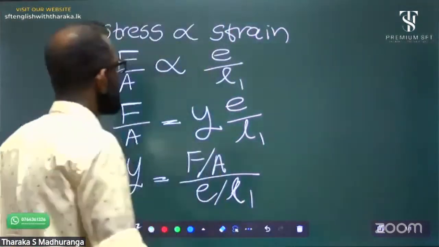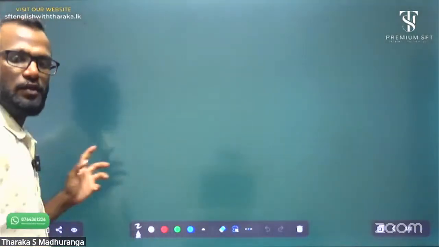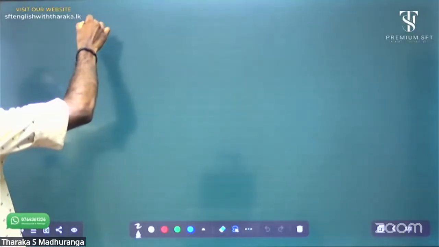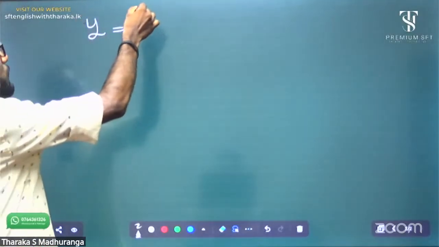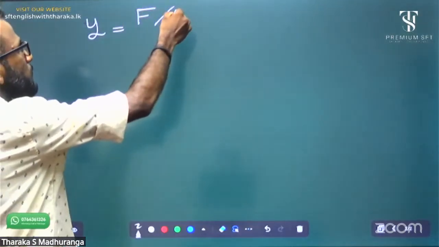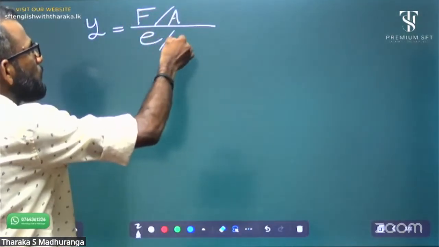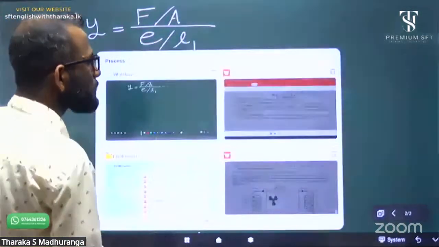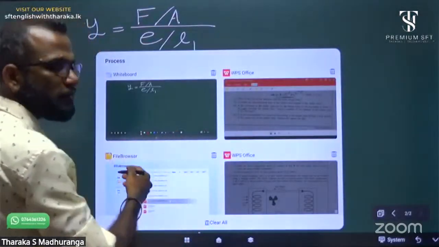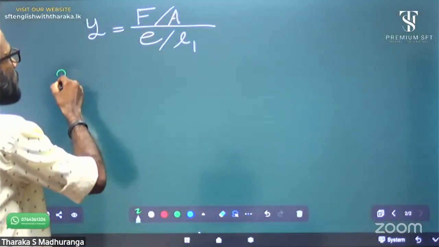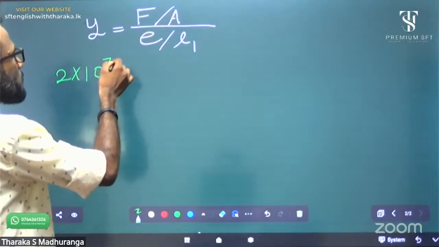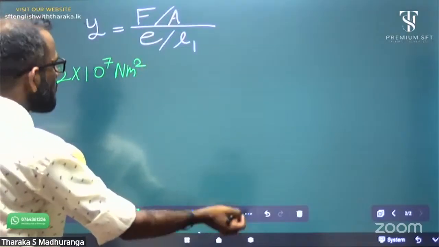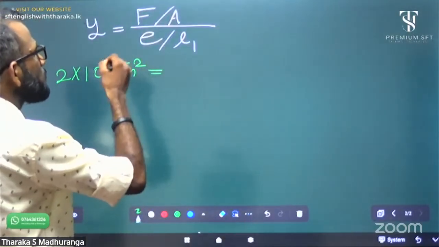Now you can substitute in this equation. Young's modulus equals F over A divided by e over L1. What is the Young's modulus? 2 into 10 to the power 7 N m minus 2 equals.